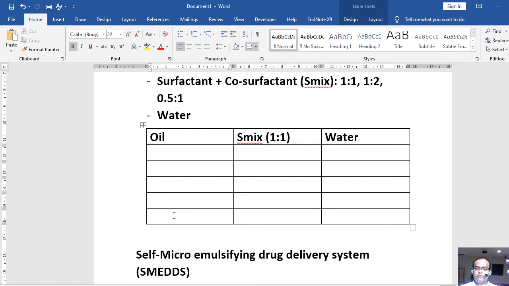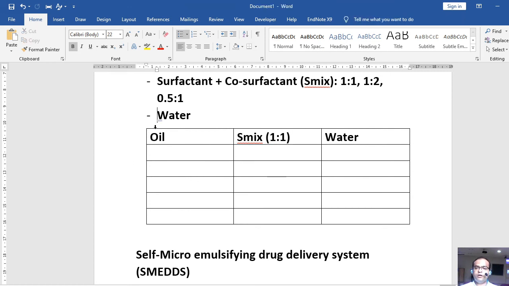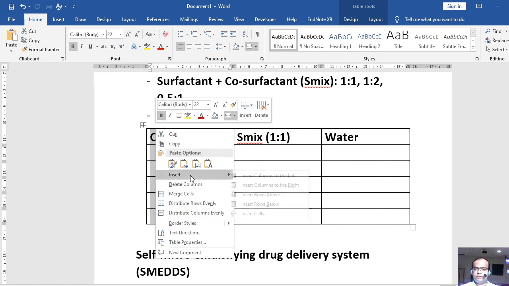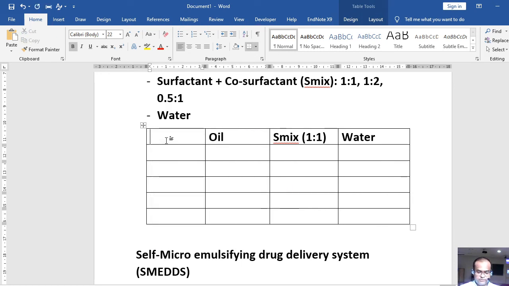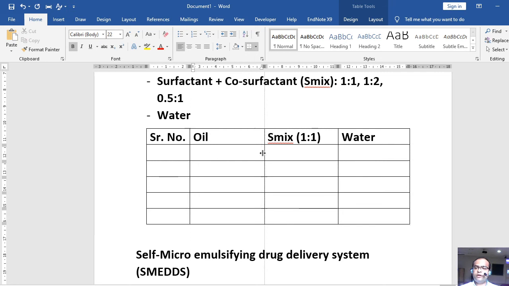Now what will I do? I will take at least 10 test tubes or beakers or vials, depending upon how much quantity is available with you and how costly these oils and S mix are, meaning how much quantity you may afford in your experiment.